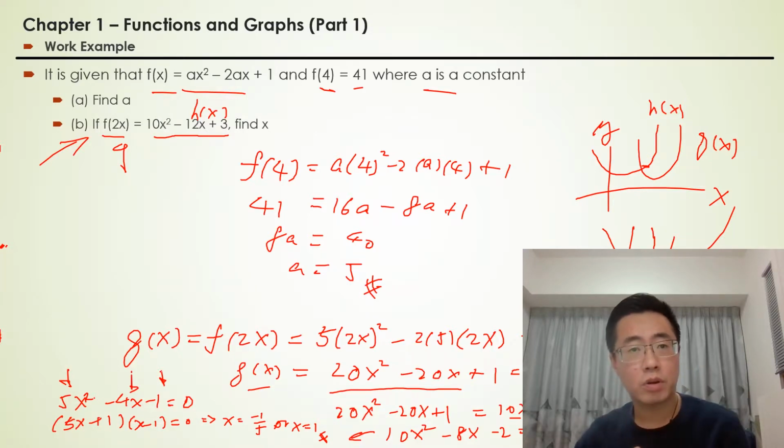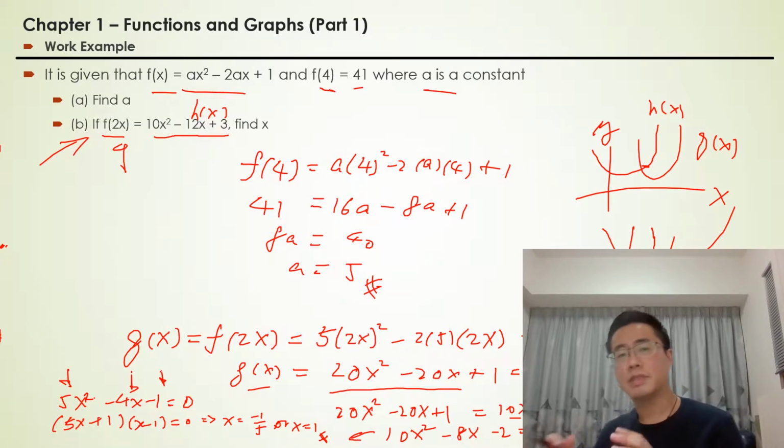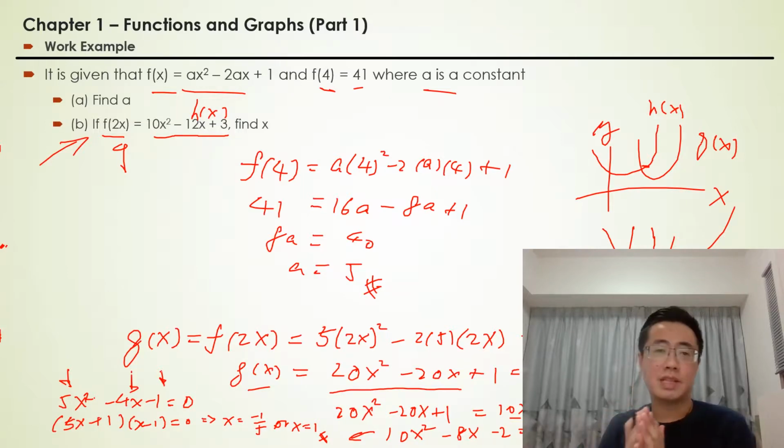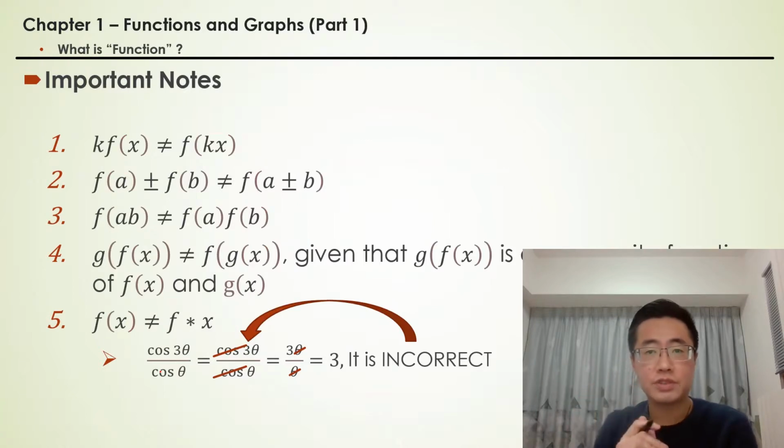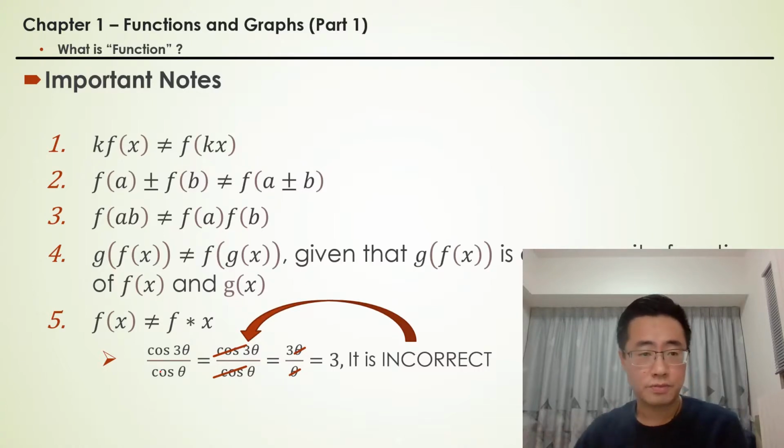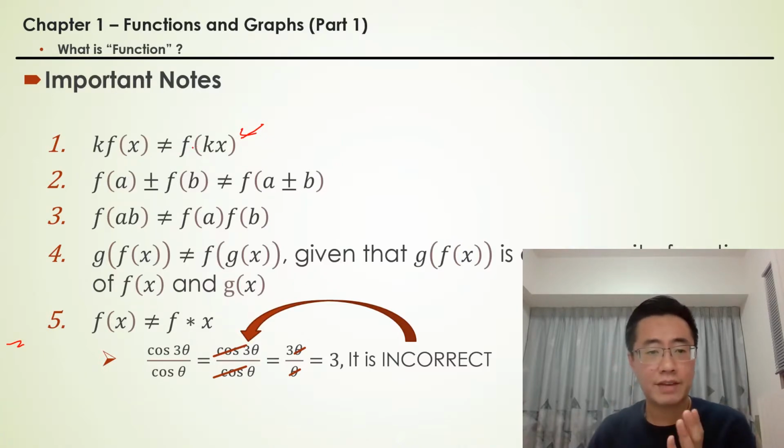But one more important point to mention is about some of the misconceptions about functions. Apart from the fundamental principles of functions as we just discussed, there are some misconceptions that you need to be aware of. First of all, it is about this first point, which is k f(x) is not equal to f(kx). So for functions, actually, there's no such thing as k f(x) being equal to f(kx).